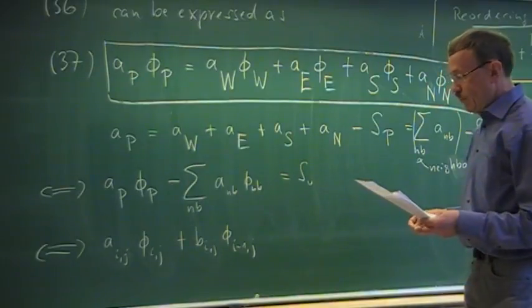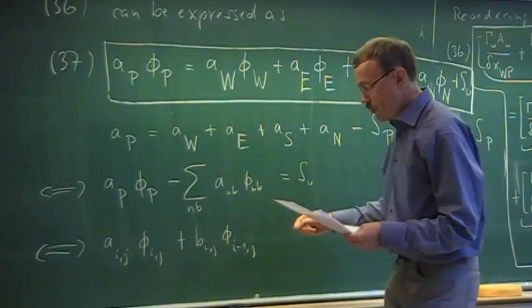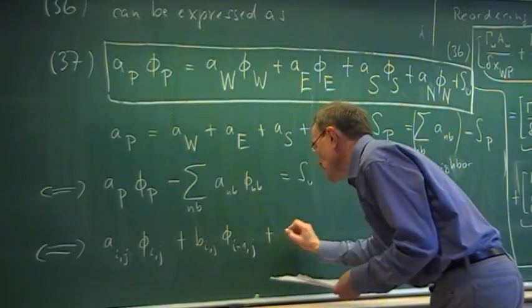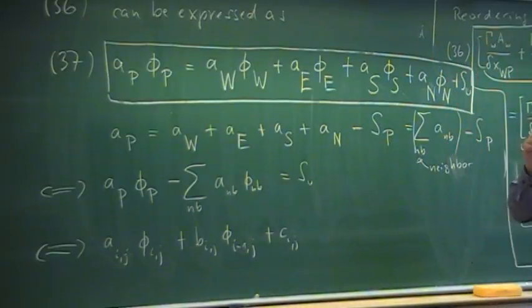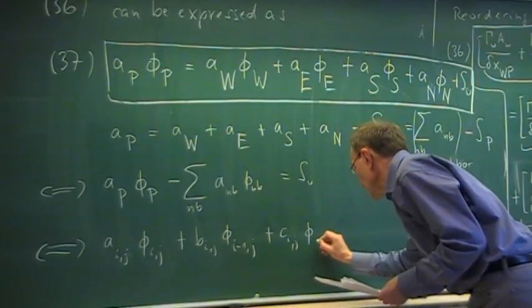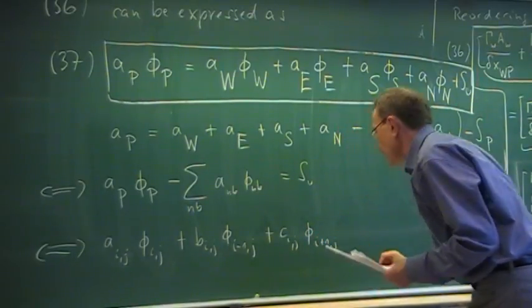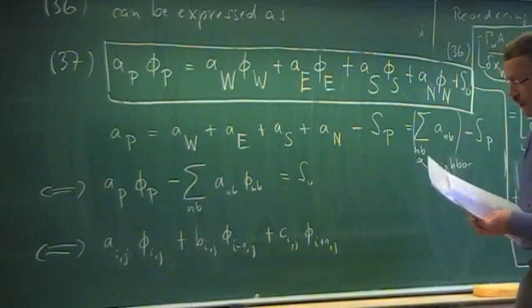And for the minus AE, I introduce the notation Cij. Remember, that is very similar to what we did in 1D. We called that B and C also. So that is phi i plus 1 j. Now we have to introduce also names for the minus AS.